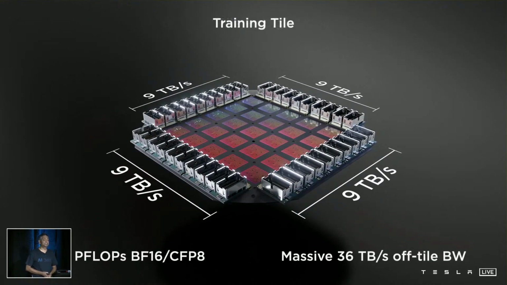This tile gives us 9 petaflops of compute with a massive I/O bandwidth coming out of it. This, perhaps, is the biggest organic MCM, multi-chip module, in the chip industry.